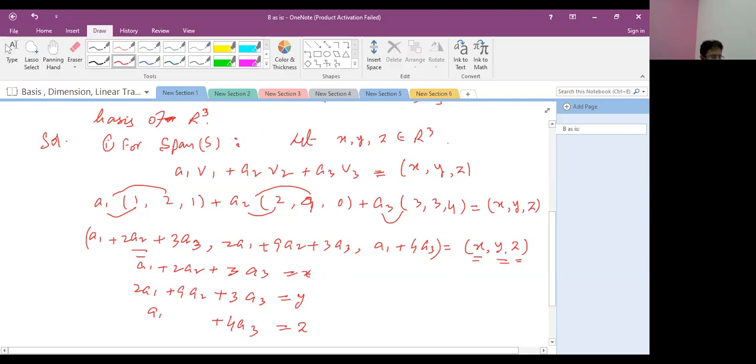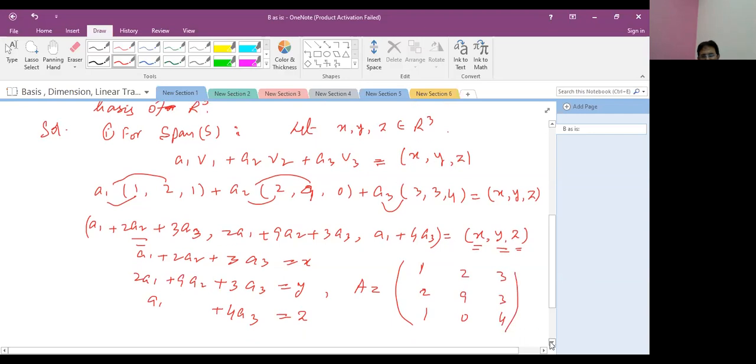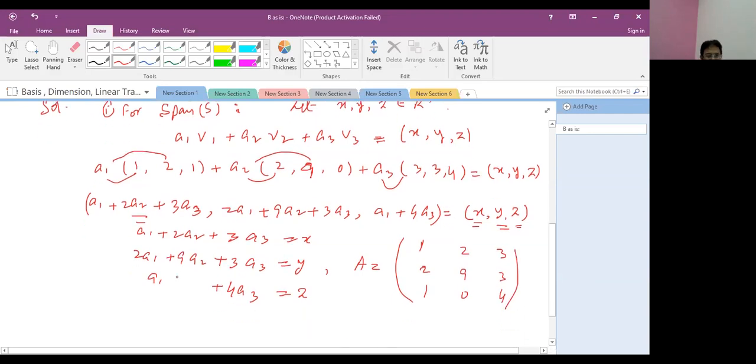Student, if these equations are converted into coefficient matrix A, write the coefficients: 1, 2, 1; 2, 9, 0; and 3, 3, 4, and find the determinant value.